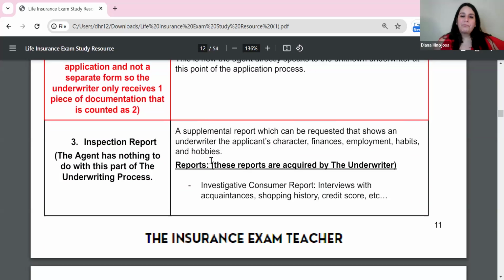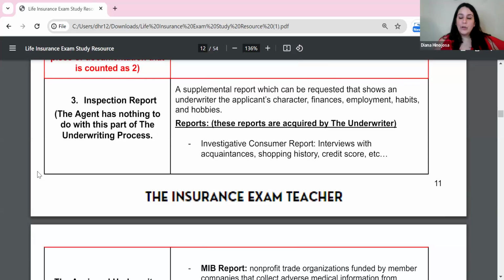And then they are also going to do research on their end. They're going to go in and look at that inspection report. They are going to investigate everything about this customer, everything that they can possibly find to help them make as informed of a decision as they can possibly make.